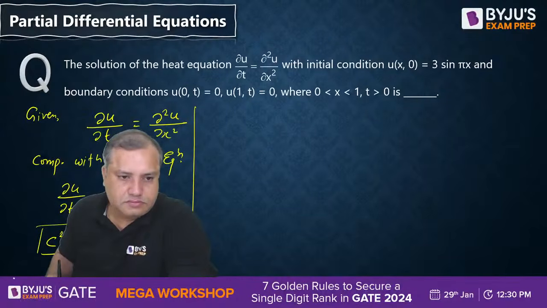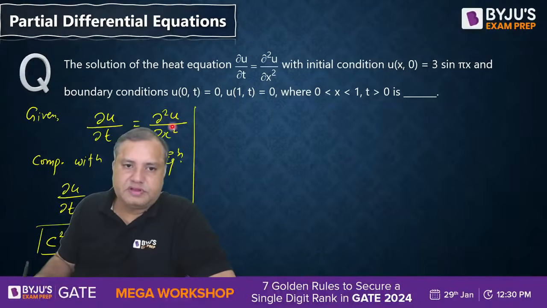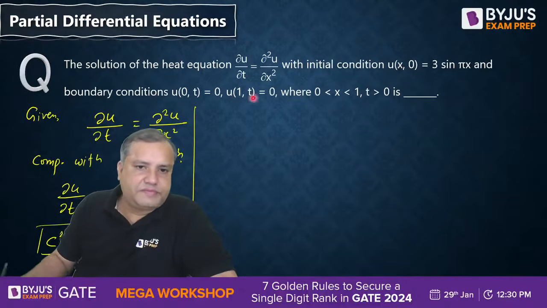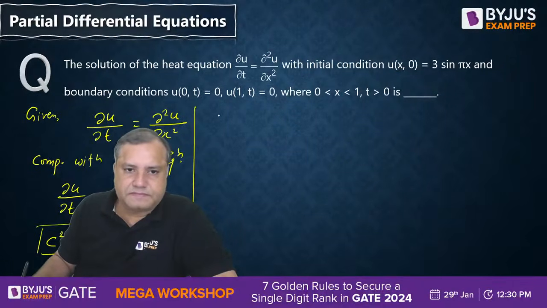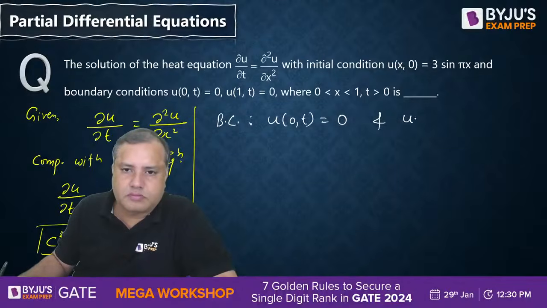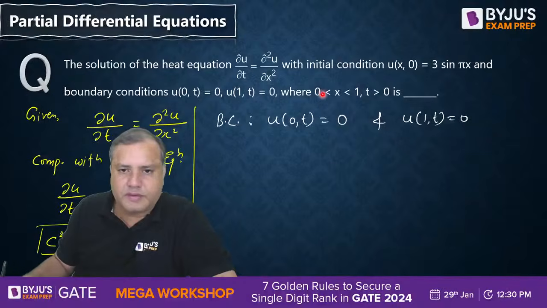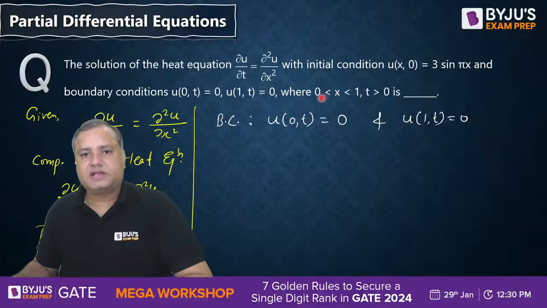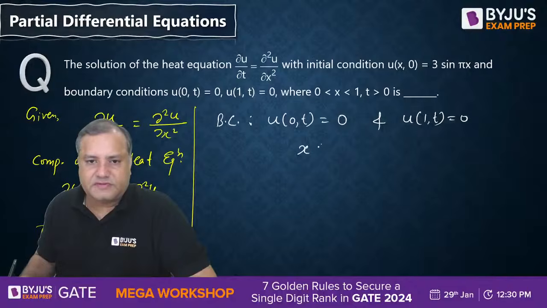Now see here, for this equation they have given the boundary conditions. Boundary conditions: u of 0 comma t equal to 0 and u of 1 comma t is also 0, and x is in the range 0 to 1.